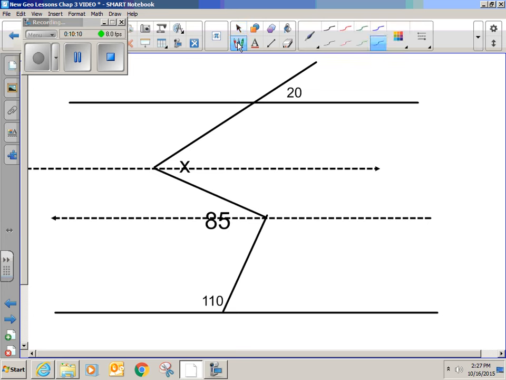I'm going to draw in red the corresponding angles right here. Does everyone see that these 2 angles are corresponding angles? Do we see the big F? Okay, which means if this angle is 20, that means that this angle right here is also 20. Down here in green, do we see a big C?